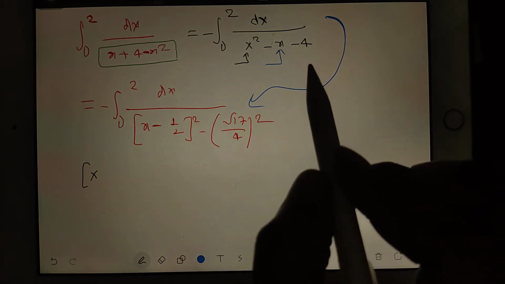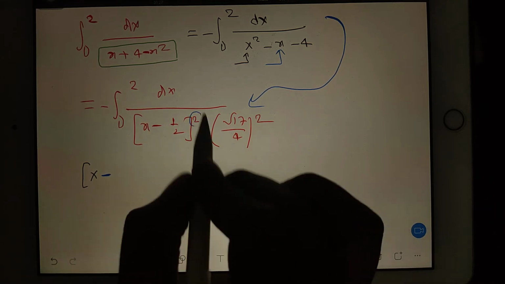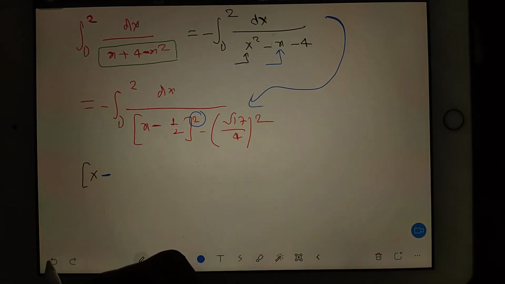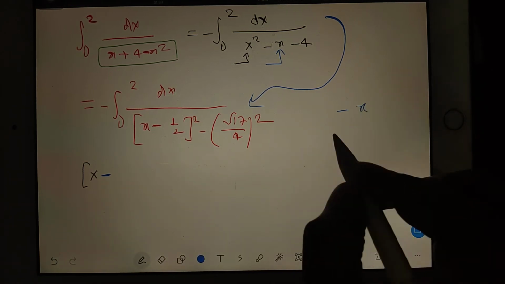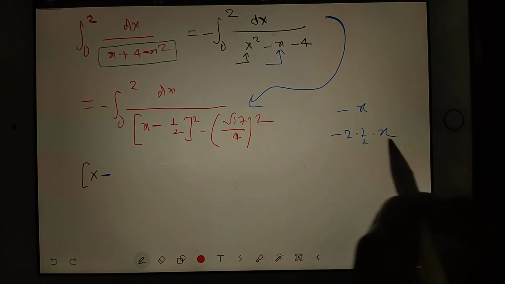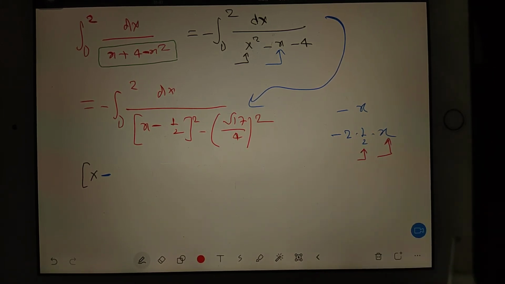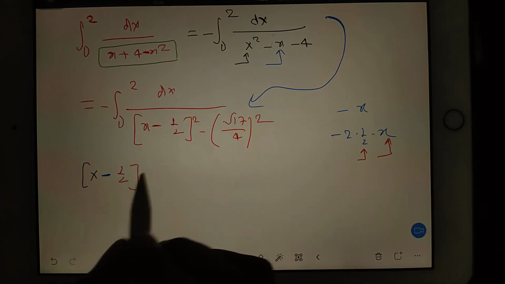This term contains the minus 2ab term, and minus will be there because when you open the square the minus sign will come. So minus x you can write as minus 2 into 1 by 2 into x, right? So this 2 and 2 will get cancelled. Now see, this became your a, this became your b.